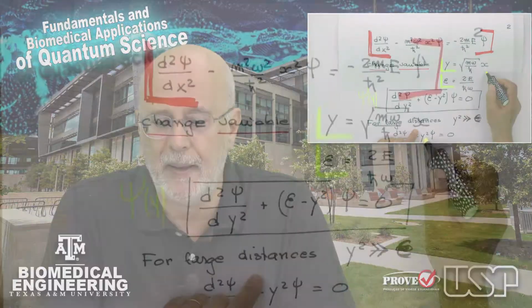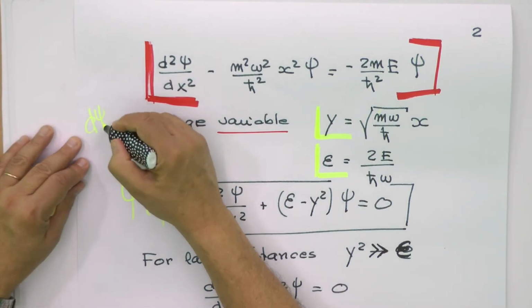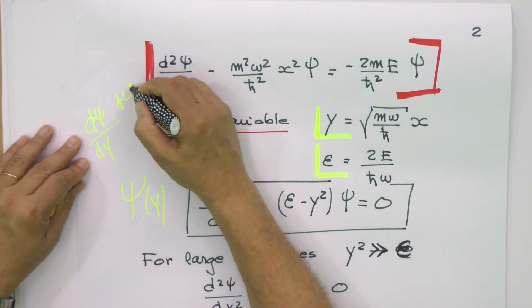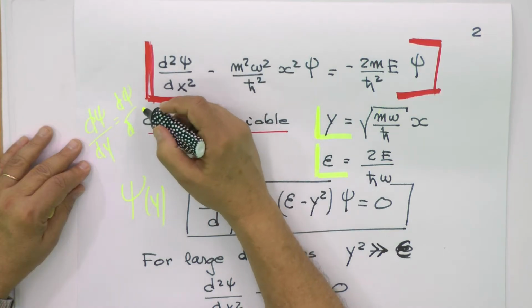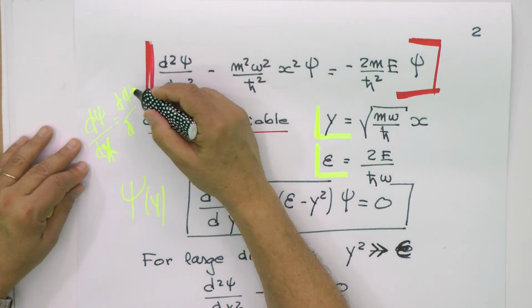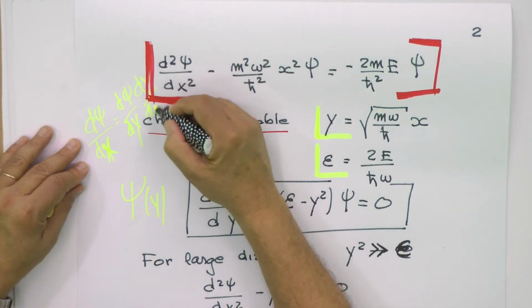Because now y depends on x. So d psi dx is equal to d psi dy times dy dx.